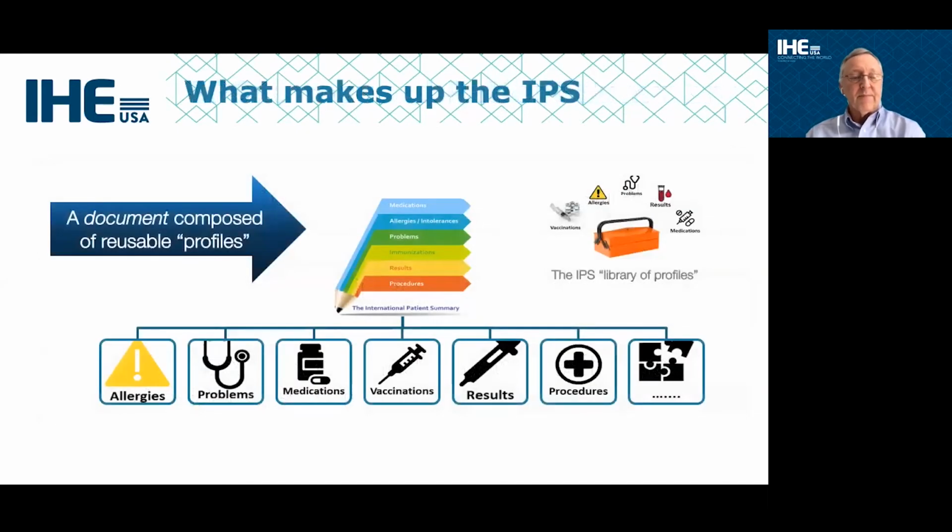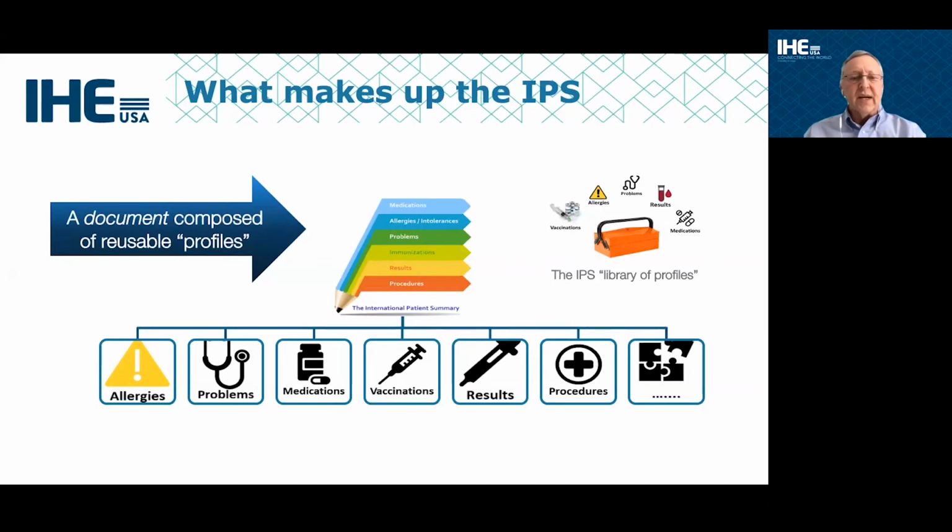Next slide. So what makes up the IPS? It's oriented as a document paradigm. That's a document, though, that's composed of reusable profiles. So the document has sections, including as you see, the allergies, problems, medications, vaccinations, results, procedures, and so forth. But those are also usable as a library of profiles.